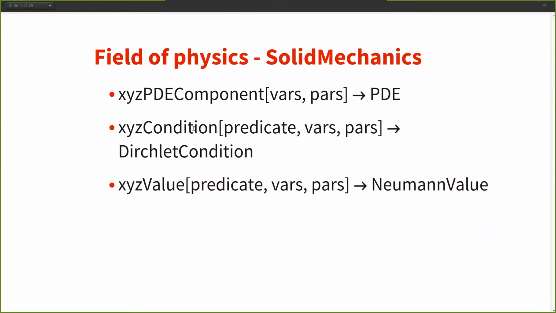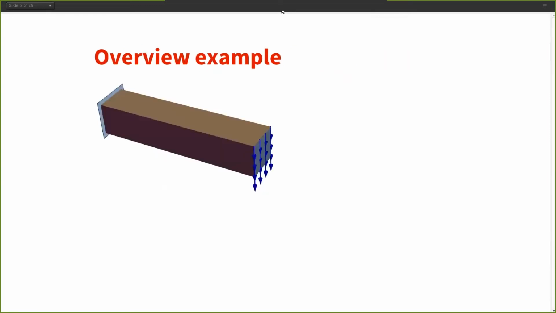Then there are boundary conditions, the XYZ condition and XYZ value, and they work on the principle that you first specify the predicate where this condition is going to be active on the geometry that you'd like to model, and then vars and pars, which are the same as for the PDE component. Now, something that ends in condition will always generate a Dirichlet condition, and something that ends in value will always generate a Neumann value. But we'll see this in a second.